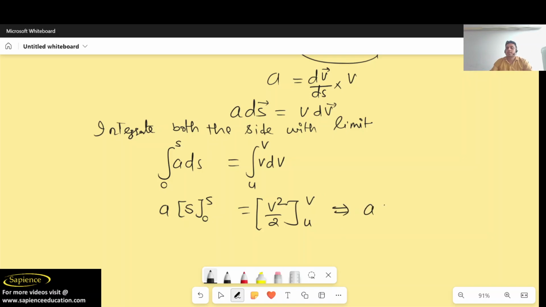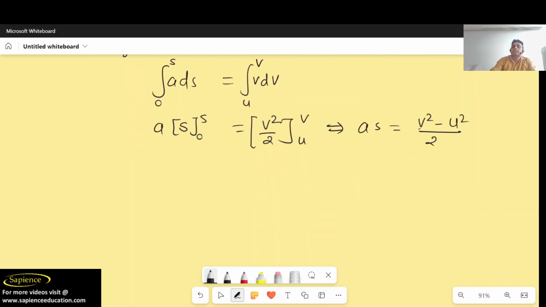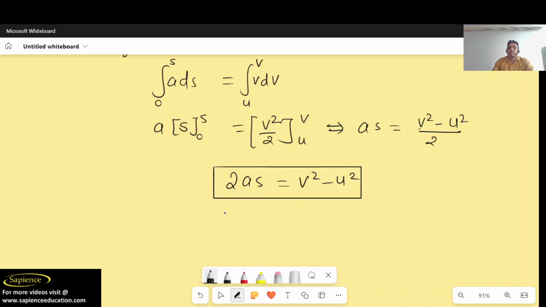So finally what you are getting, see here, a s equals v square minus u square by 2. Finally, rearrange the equation. If I rearrange, I am getting 2as equals v square minus u square, and you can further rearrange to v square equals u square plus 2as.